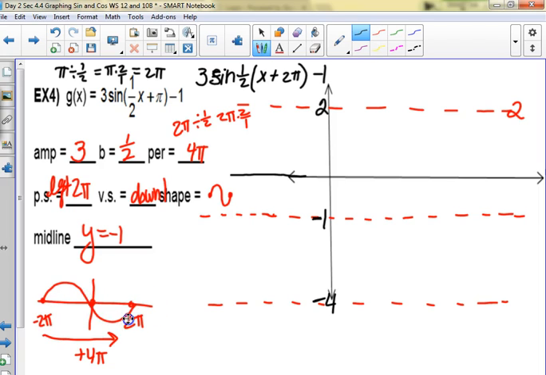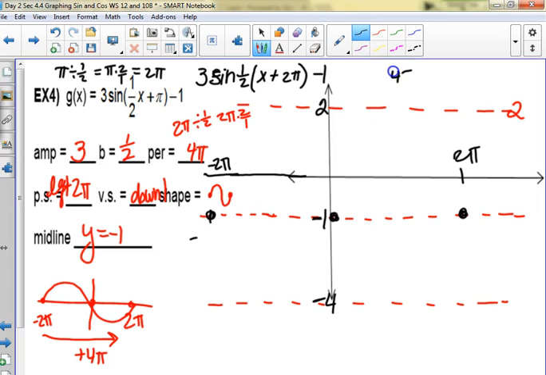So these are where the points are still going to be, except they're shifted down. So if I go to the left to -2 pi, and I add 4 pi on to that, I'm going to finish by +2 pi. So I'm trying to make it symmetric here. So it's going to go here, here, and here. What am I going to count by?